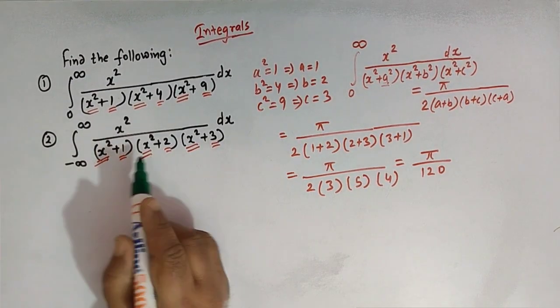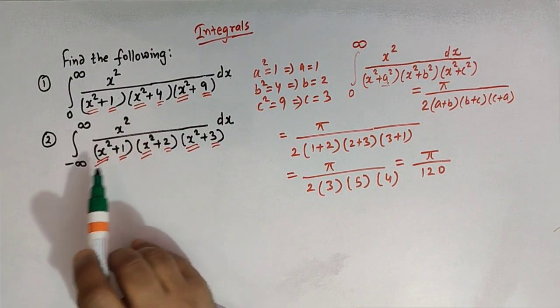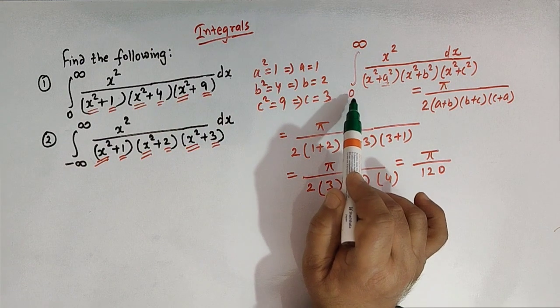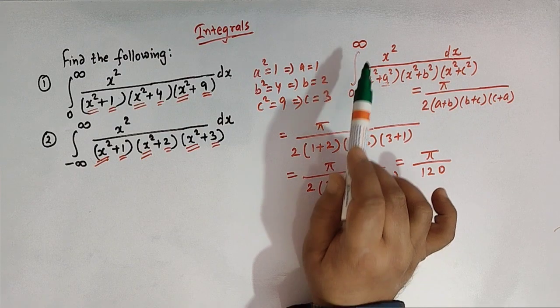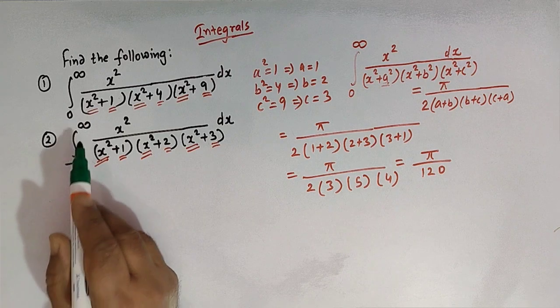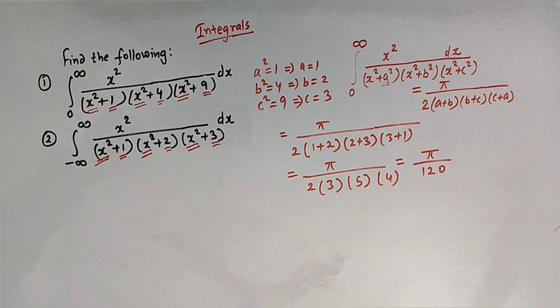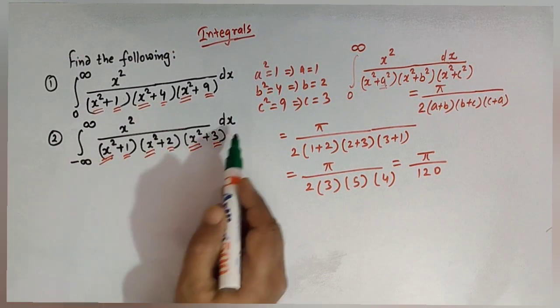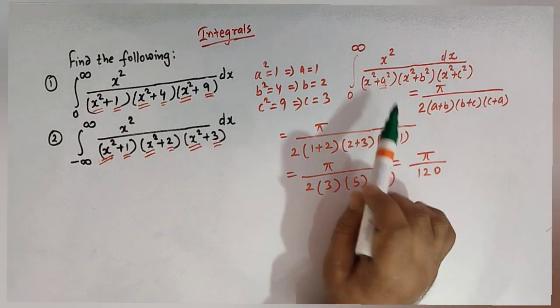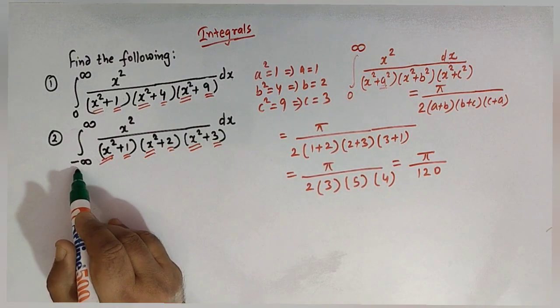Now let us find the value of the second integral. The difference is that here the limits are from 0 to infinity, and here from minus infinity to infinity. So we'll first convert this integral into this form by changing the limits.